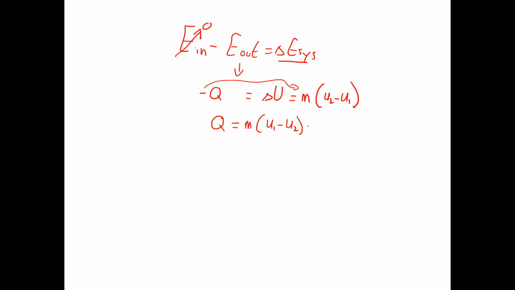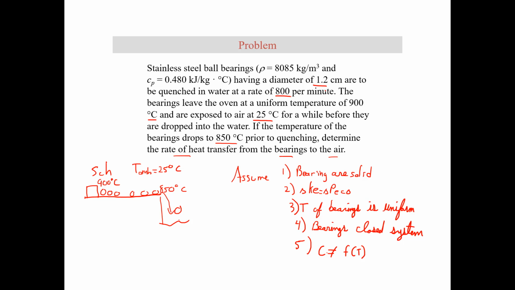Now, assuming constant specific heats for this solid, I'm going to factor out my specific heat, and I will approximate delta U as C delta T. You see how all these assumptions work: this step is based on assumption number 2.